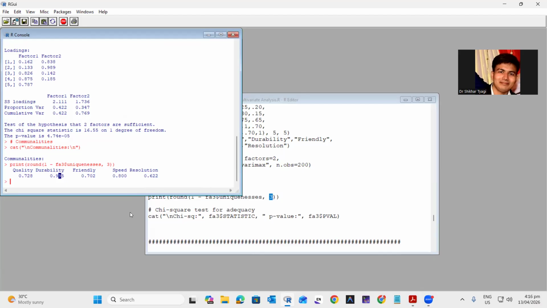So how do you interpret this? Durability has a communality of 0.995, which means the factor explains 99.5% of its variance, and resolution equals 0.622, which means 62.2% of its variance is explained. That is the meaning of the communalities here.